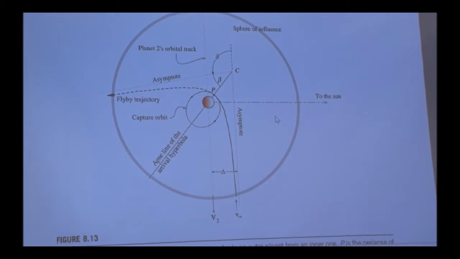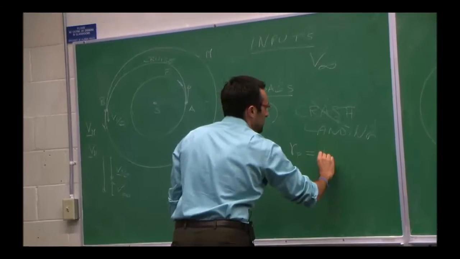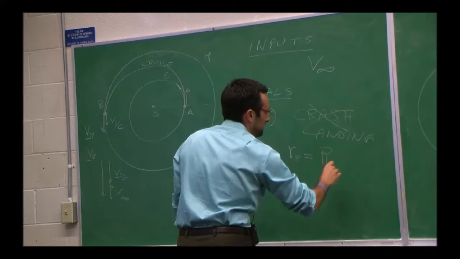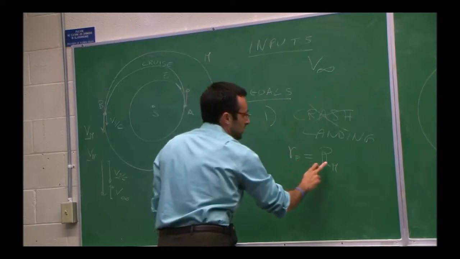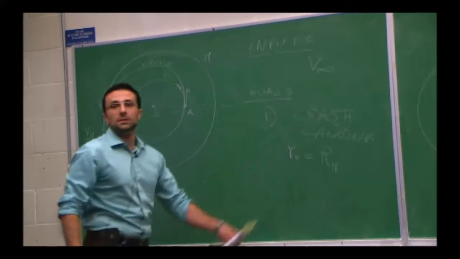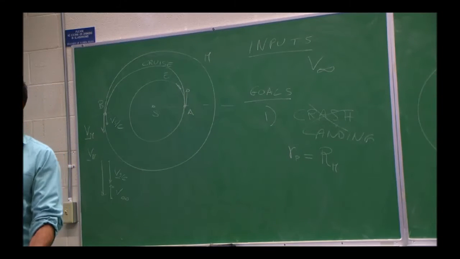So if you want to do this, then you set that RP has to be equal to the radius of the planet, Mars, or 2 in this case. You can do that. That is a perfectly fine goal.